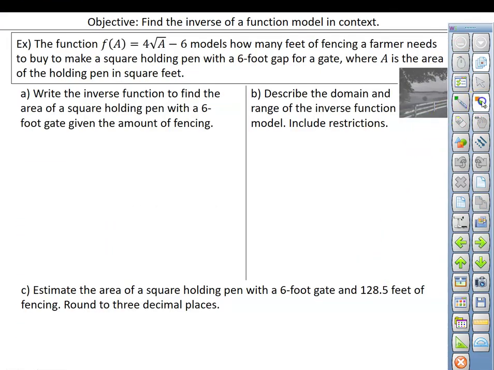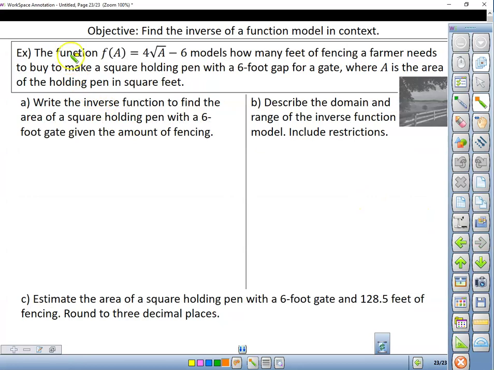All right, so let's take a look at this example. So here it says the function f of A models how much fencing a farmer needs to buy to make a square holding pen with a 6-foot gap for a gate, where A is the area of the holding pen in square feet.